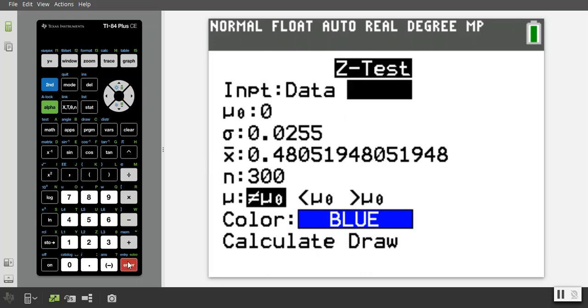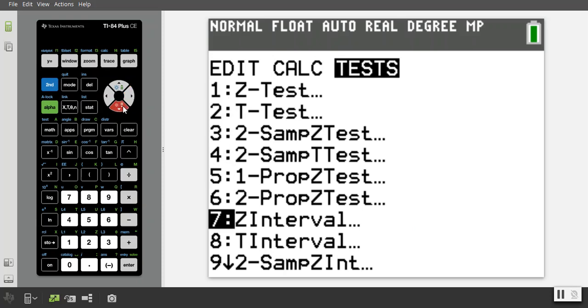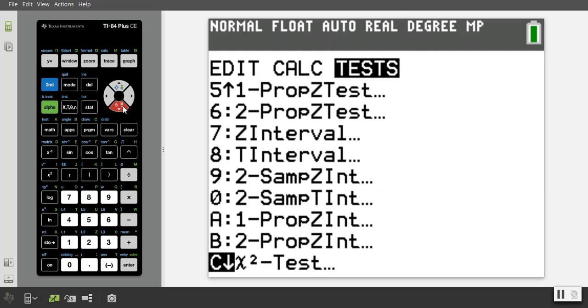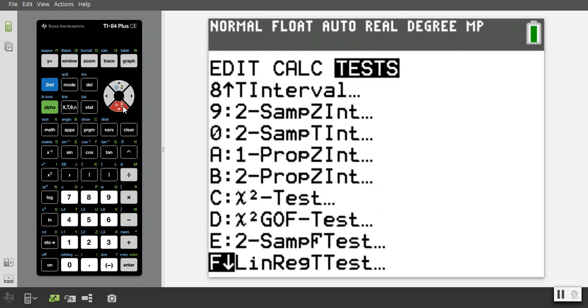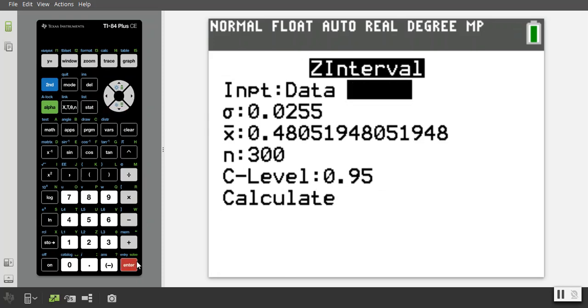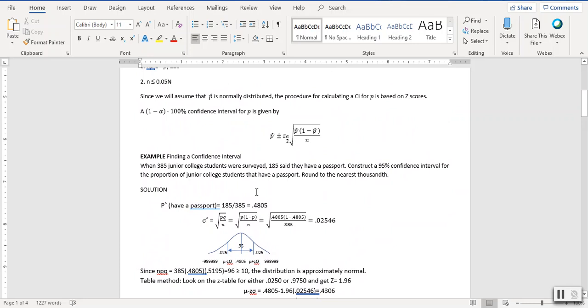Let's see, z-test, no. Actually, I think it might have been because it was a 99% confidence. No, it says 95%.